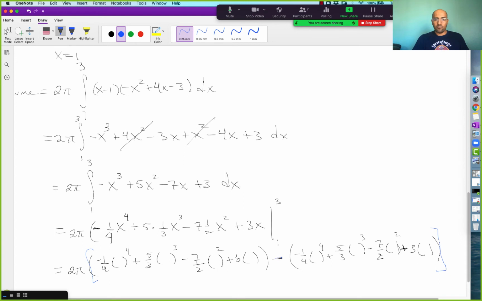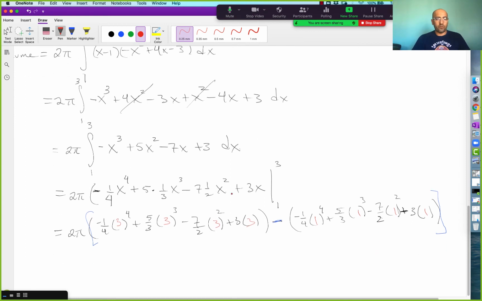Be careful to distribute this minus across everything. So here we have 3, so 3 to the 4th, 3 to the 3rd, 3 squared, 3 times 3. And here we have 1, 1, 1, and 1.